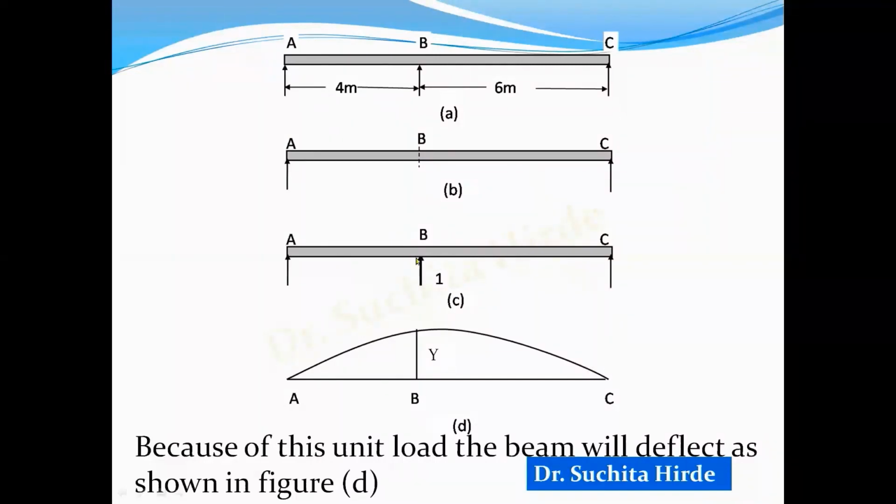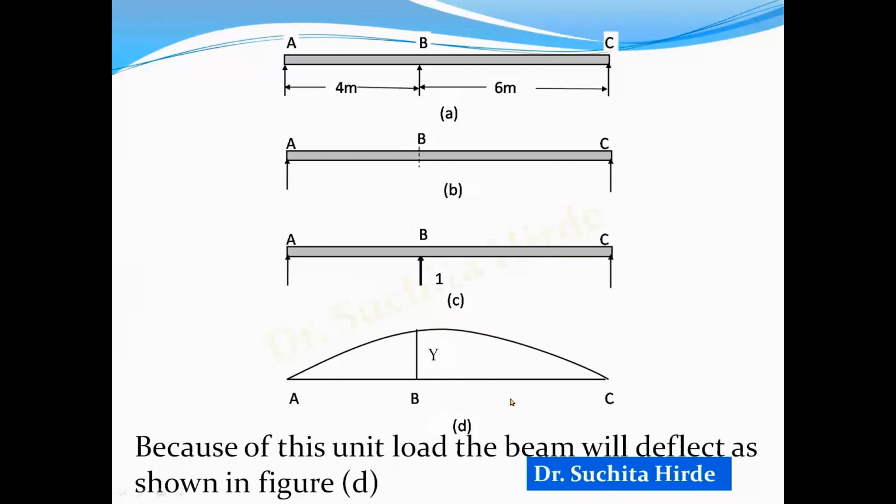But we are not interested in drawing the deflected shape due to 1 kilonewton. We are interested in having this ordinate as 1. When this ordinate is 1, this shape is called the influence line diagram. So let us see how we can get this shape using the conjugate beam method. First of all, we have to draw the conjugate beam for this case.